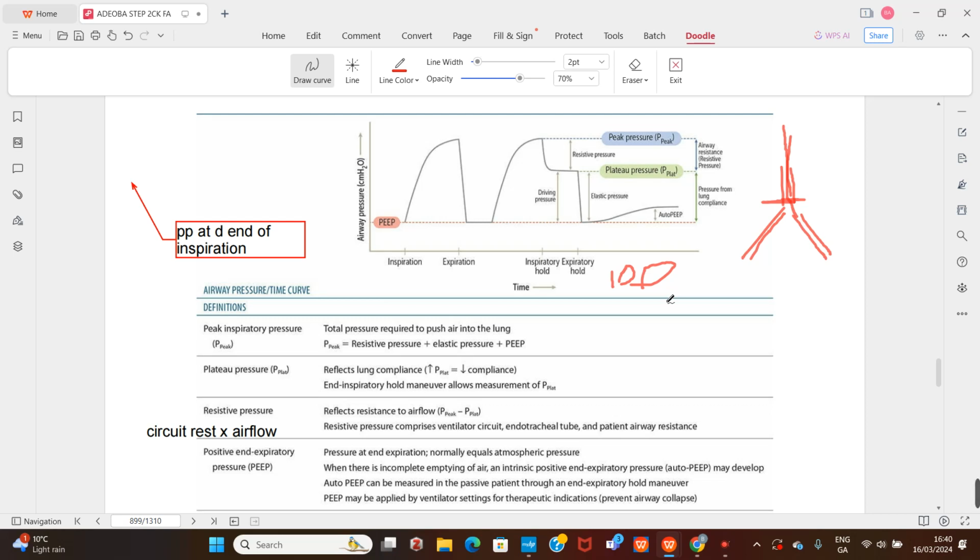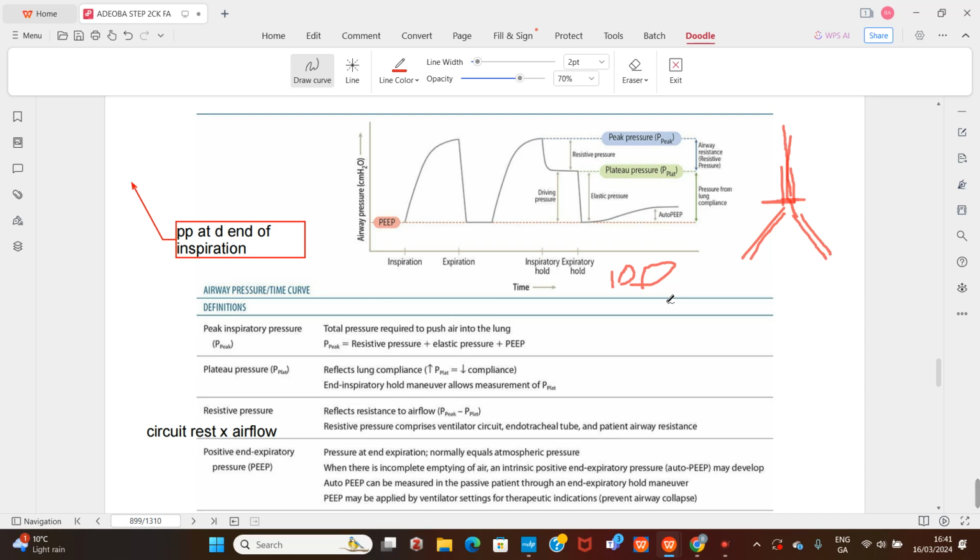Now, if you want to open that lung and you want to deliver pressure to open it, you have to overcome that elastic recoil. So that is the elastic pressure. So it means the less the compliance, the more the elastic pressure, and the more the peak inspiratory pressure you need to deliver to open up the lungs. So elastic pressure is very, very straightforward.